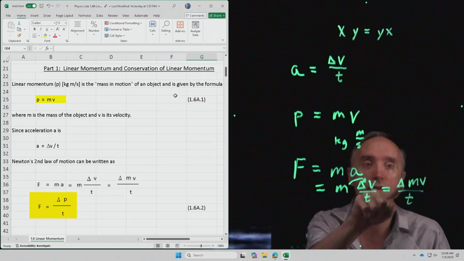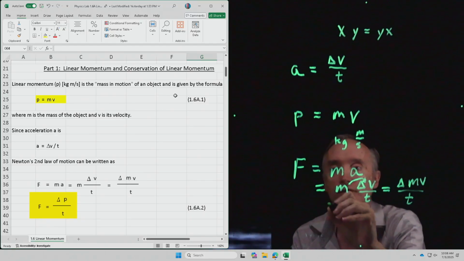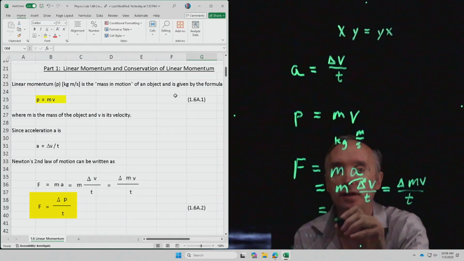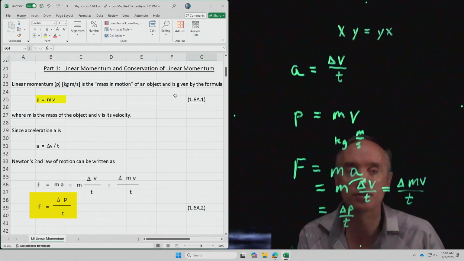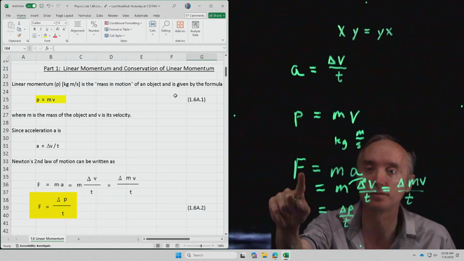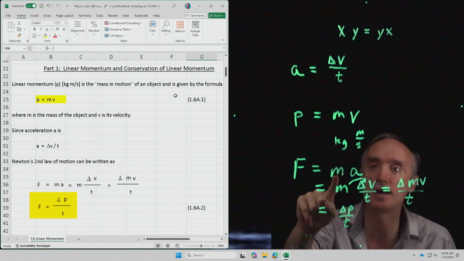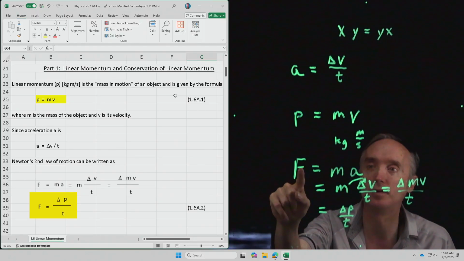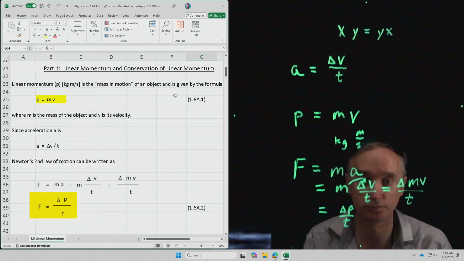But we know that mv is momentum, so therefore this thing comes out to be the change in momentum with time is going to be the force. So another way we could say it: forces cause masses to accelerate, but forces change the momentum of a system.